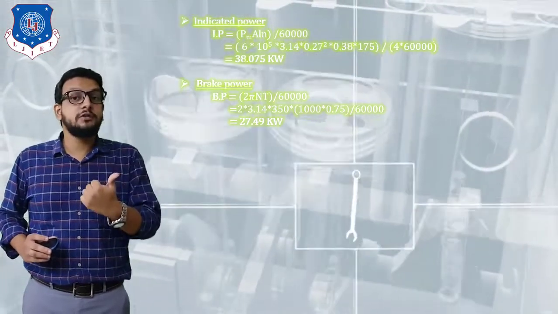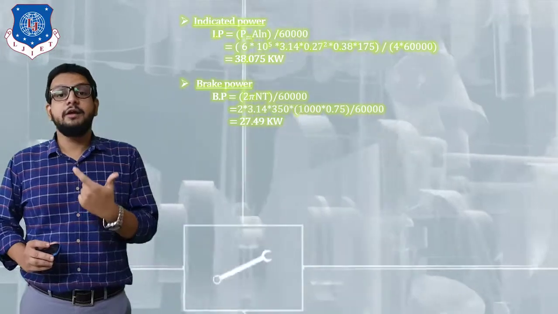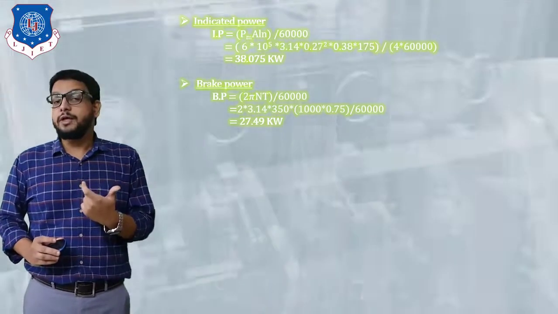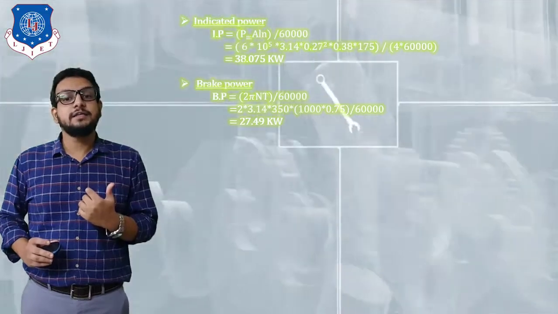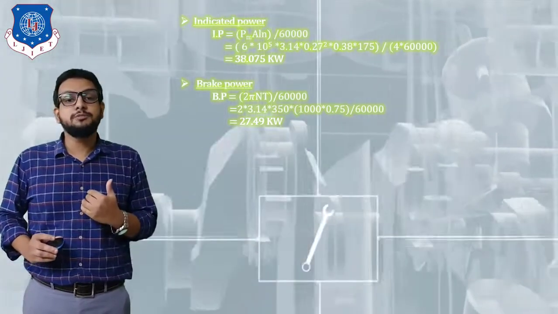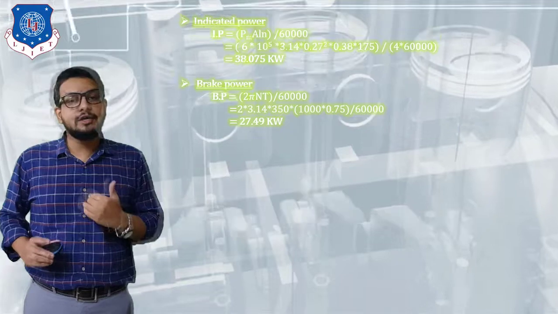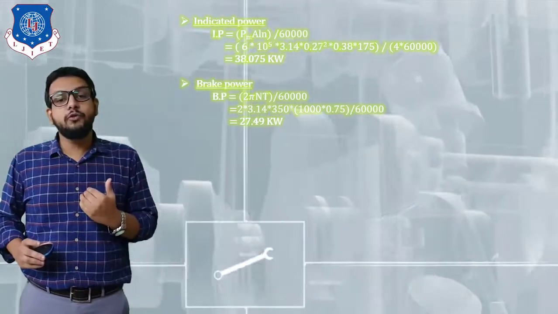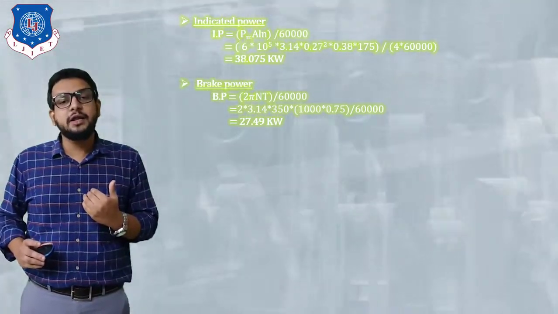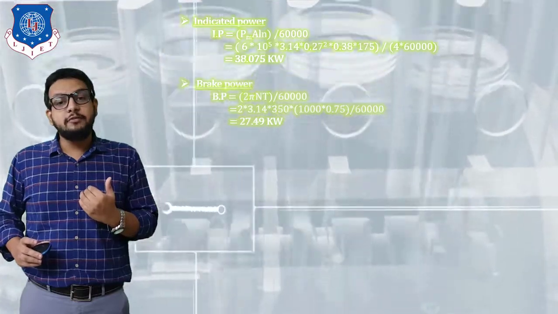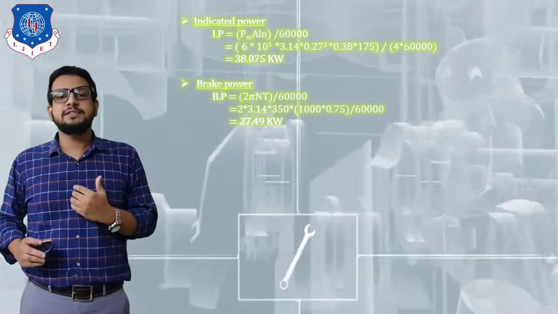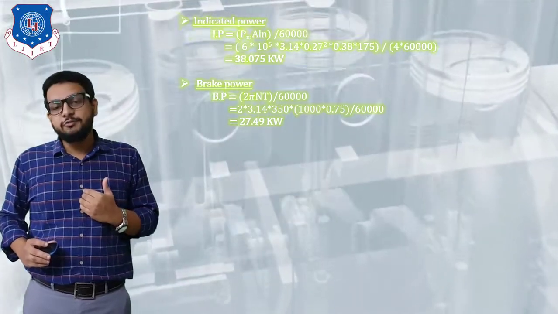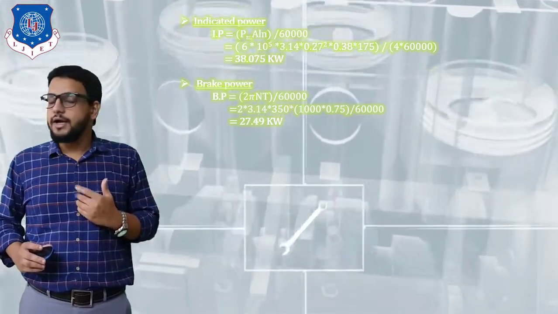Force was given as 1000, and the diameter of the brake rope was given as 1.5, so I have written the radius directly, that is 1.5 divided by 2, which means 0.75. So the equation is 2 into 3.14 into 350, that is capital N, into torque, which is F into R, that is 1000 into 0.75, divided by 60,000. Our final answer of brake power is 27.49 kilowatt.